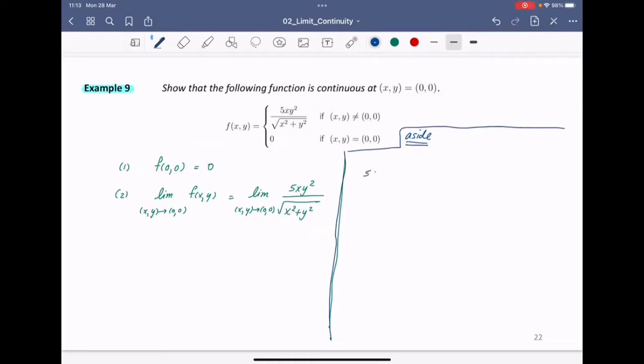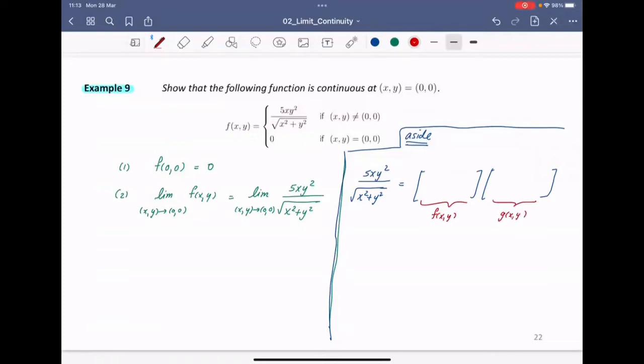So 5xy squared over the square root of x squared plus y squared. This is from last class. If you forget it, it's time to do a review. We're going to split it here. I need 2 functions, right? Like last time, I need this part to be my f, and this part to be my g.